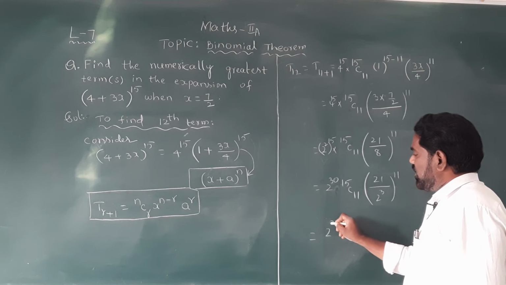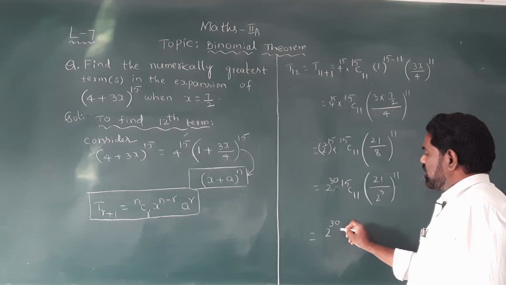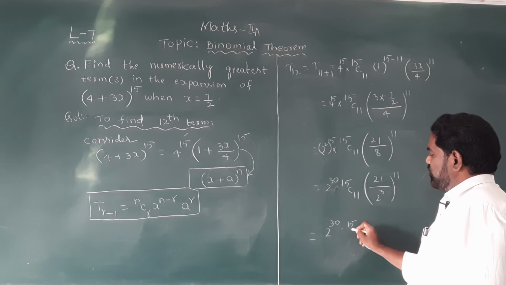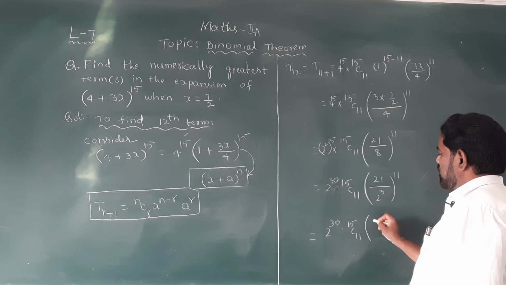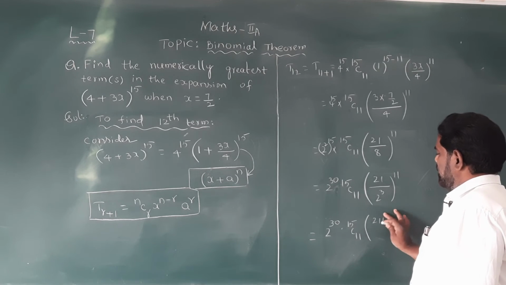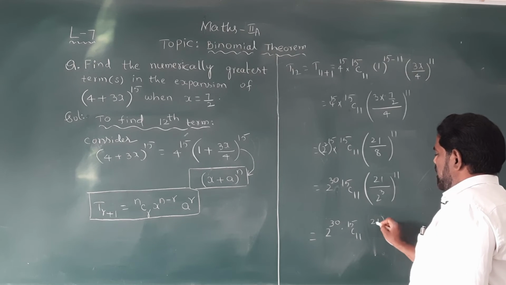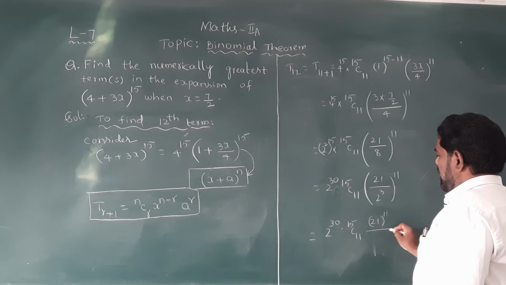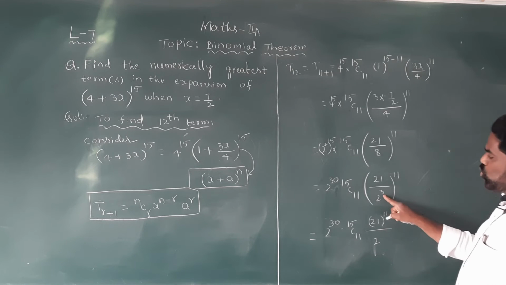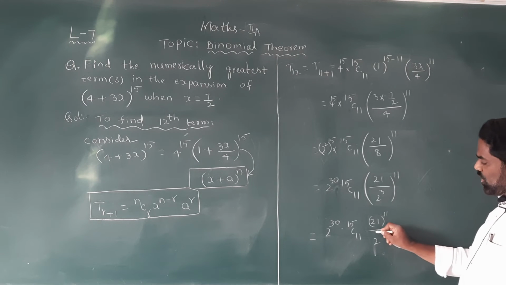This can be written as 2 power 30 into 15C11, 21 power 11 by 2 cube whole power 11, which is 2 power 33.